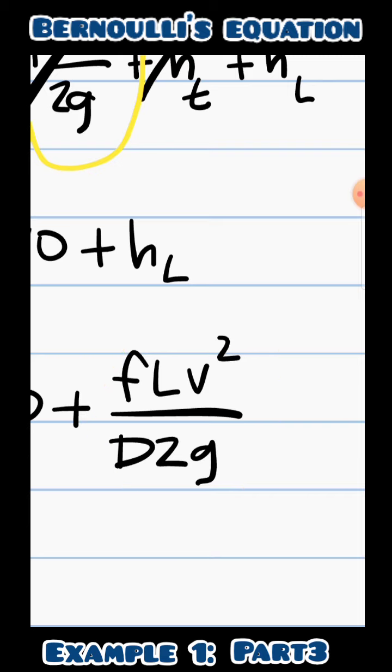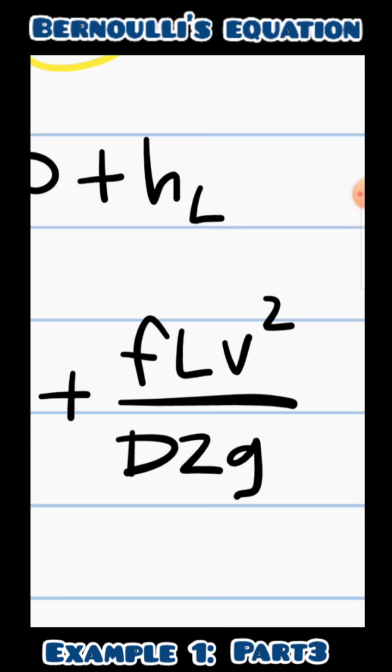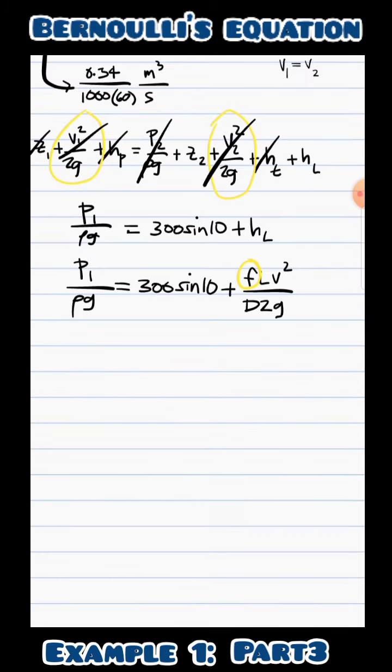The harder part of the head losses, or the major loss here, is this F term, because we don't know what the friction factor is, because pipes vary, right? The friction, of course, varies. There's no uniform friction in the pipe. So there is an equation we can use to identify how we are going to solve for this F term.